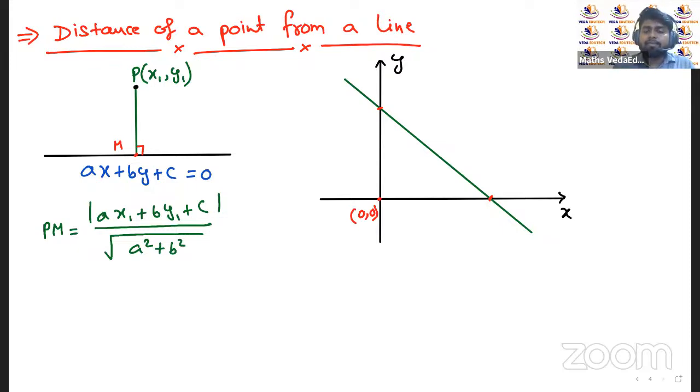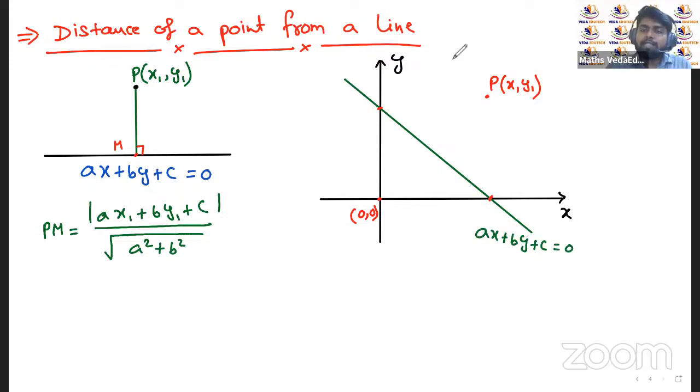Now, we need to take one point. We can take a point somewhere here. And this point is P, that is x1, y1. And the equation of the line is given, that is ax plus by plus c equal to 0.